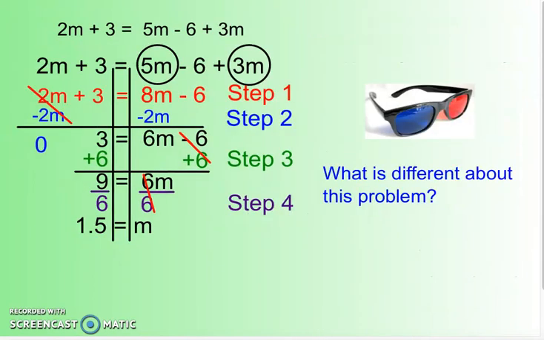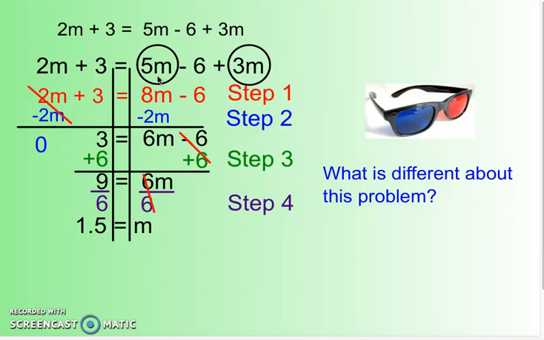Okay, what's different about this problem? Exactly, look at this. We have an additional step. Do you notice at the top, this is our original equation. And why are these 2 terms circled?